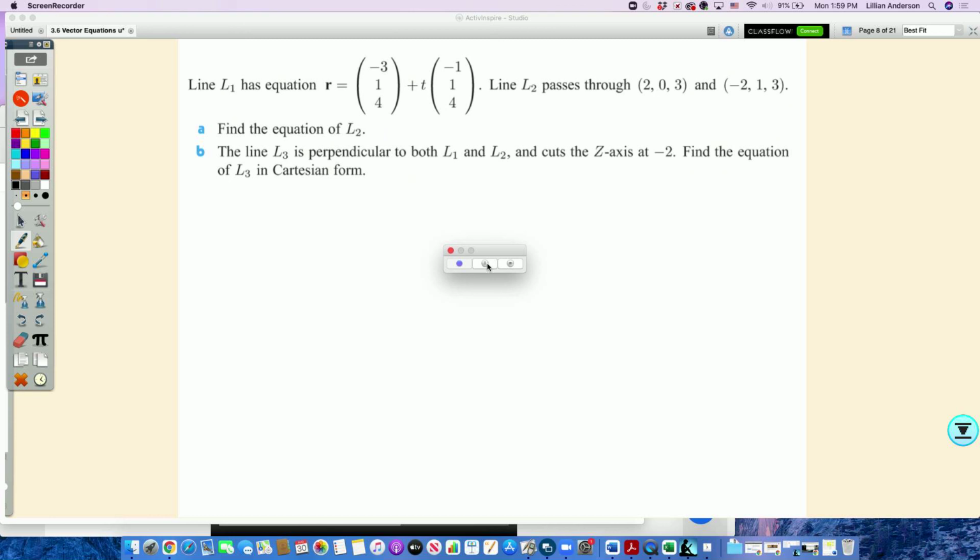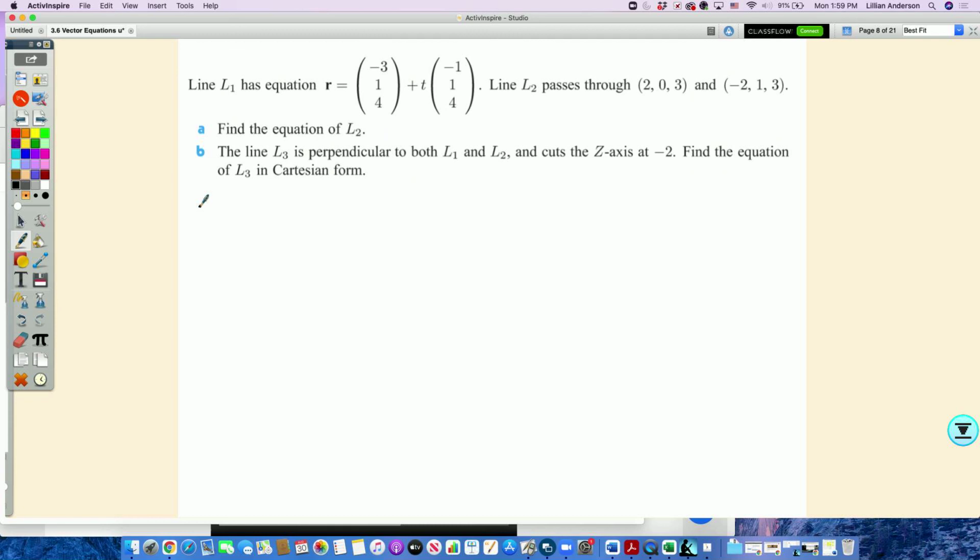So if I want to write the equation of L2, did you write it as a vector? Okay. So just to review, what does A represent in general? The fixed starting point. What did you use for your fixed point? Here's the first one, 2, 0, 3.